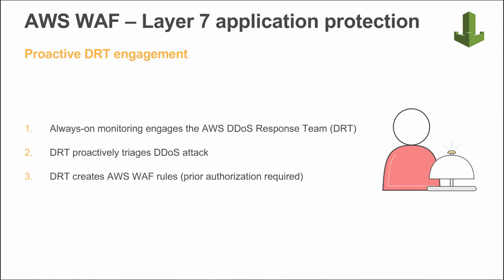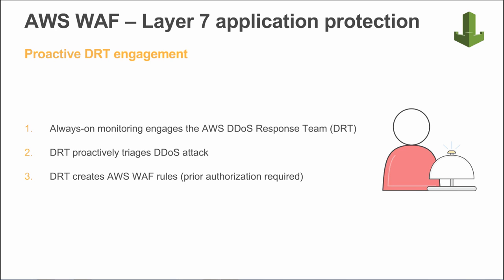Now, you can give the AWS DDoS response team access or permissions to your AWS WAF configurations via IAM, and we have a CloudFormation template that you can use to very quickly give those permissions.